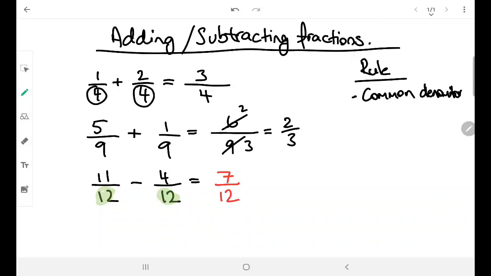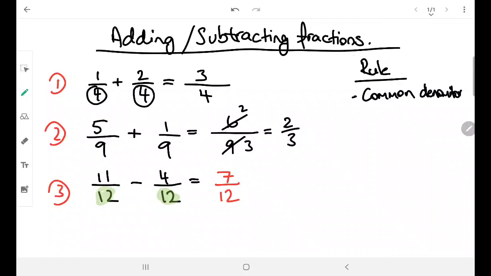When we're adding or subtracting fractions, the first thing we look at is whether we have a common denominator. In these 3 examples, example 1, example 2, and example 3, we do have a common denominator, so we can actually do the operation.